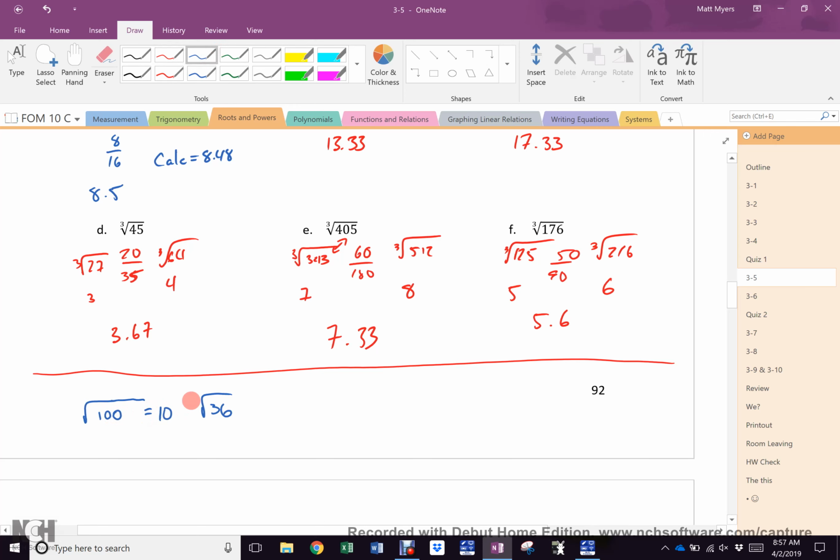10. What is the square root of 36? Use that knowledge to tell me the square root of 3,600. What is the square root of 3,600 without using your calculator? 60. Why?